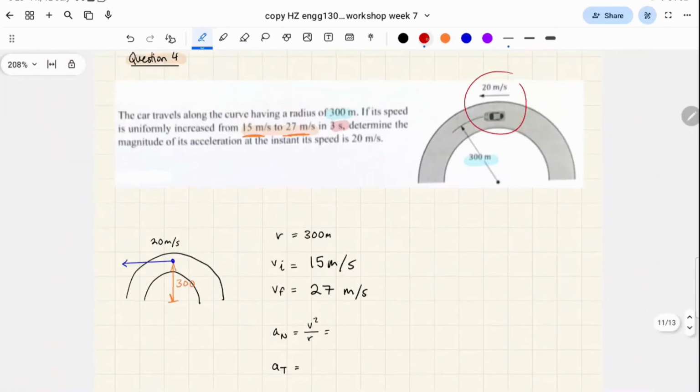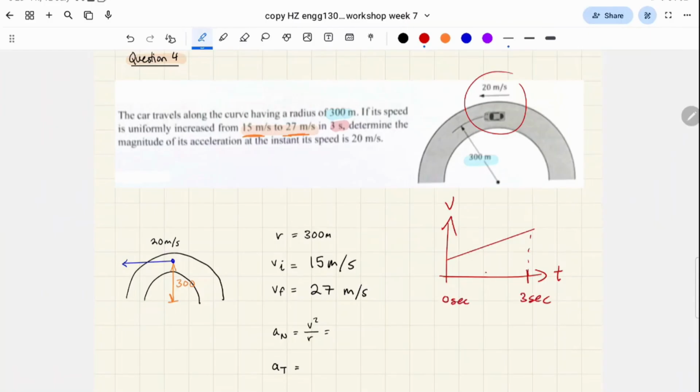We're increasing from 15 meters per second up to 27 meters per second.